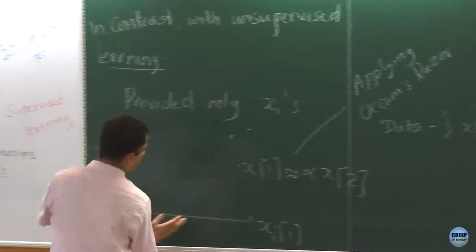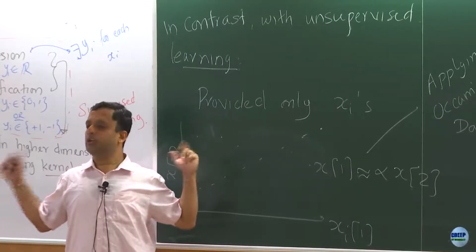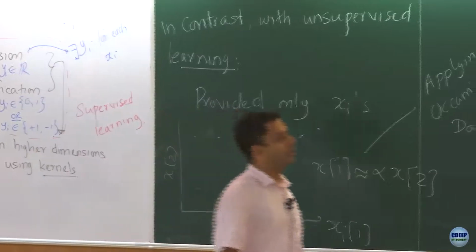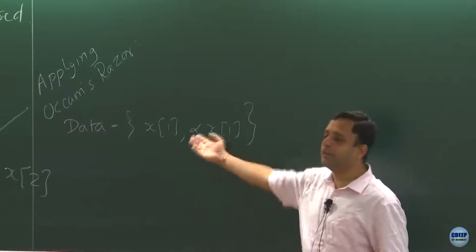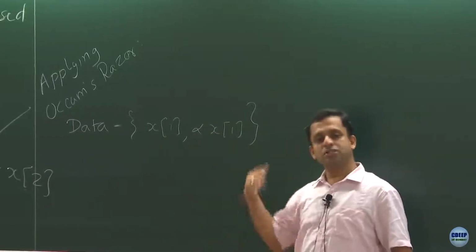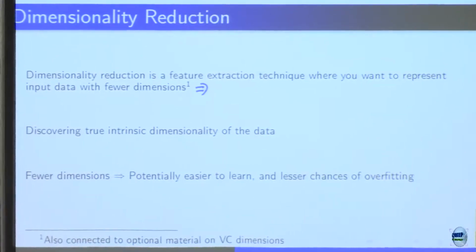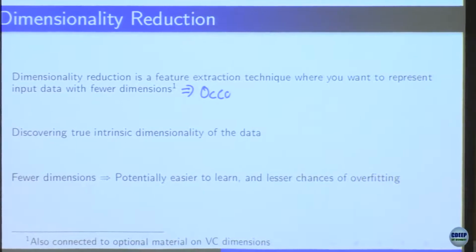Basically, you can consider this to be your x-axis and just consider the whole data to be one dimensional, right? So we'll see how that rotation can be implemented, but this is one way of saying that there is only actually one free parameter here, x1. The other is not a free parameter at all. So this is where Occam's razor comes in. As few dimensions as possible.